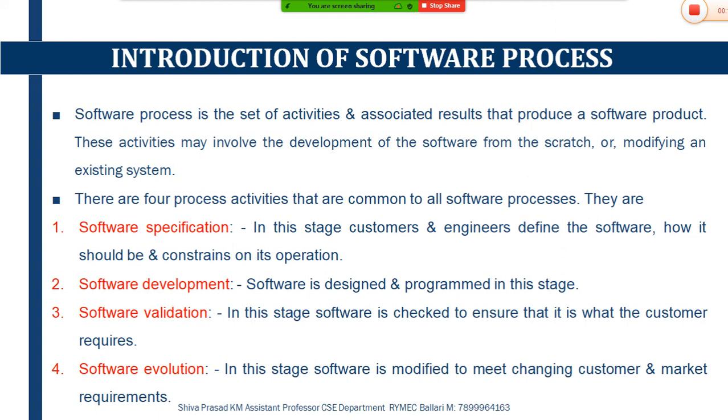After designing it, we will implement it one by one. After implementing it, in the third step we will test the entire system to make sure that it satisfies all the requirements given by the customer in the first stage. If it is working properly, then it will be delivered to the customer.